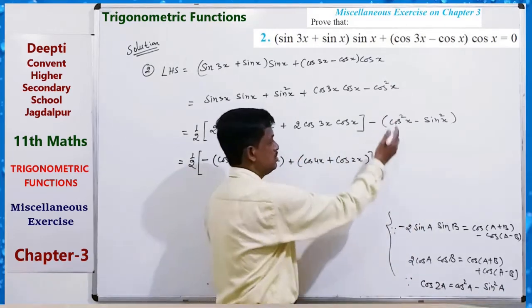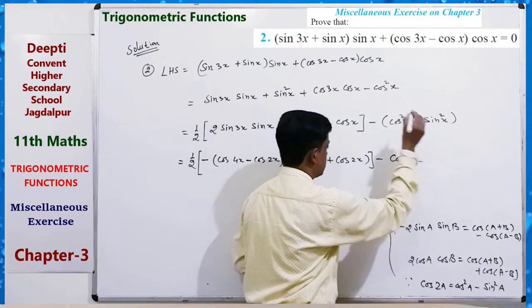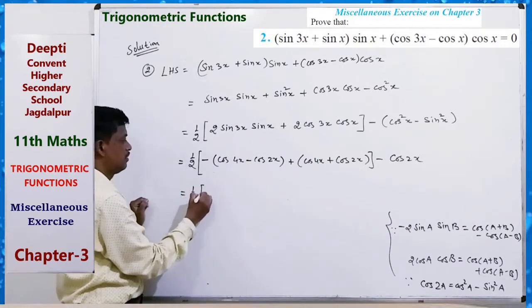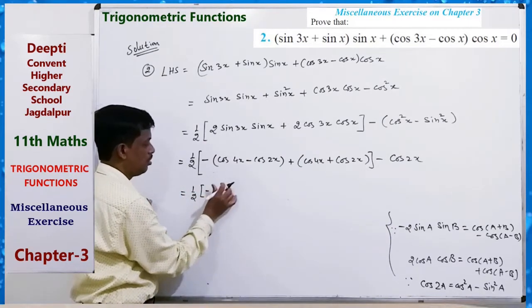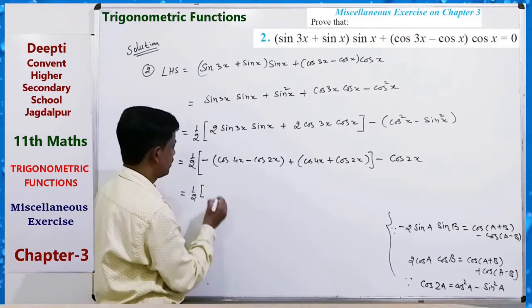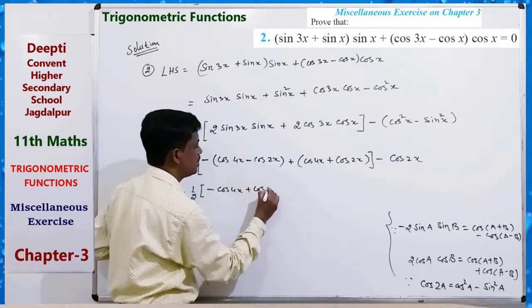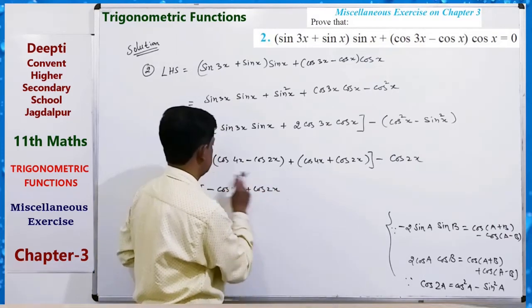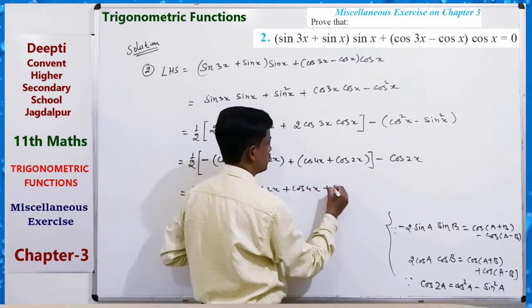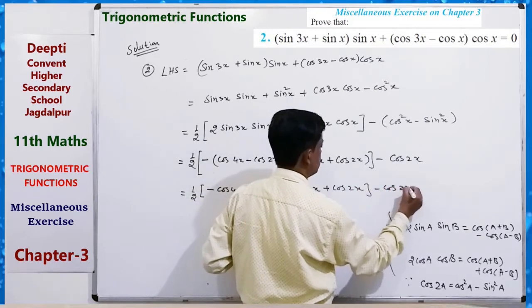So use this here, cos 2x. So now here we see minus of cos 4x plus cos 2x, plus cos 4x plus cos 2x, minus cos 2x.